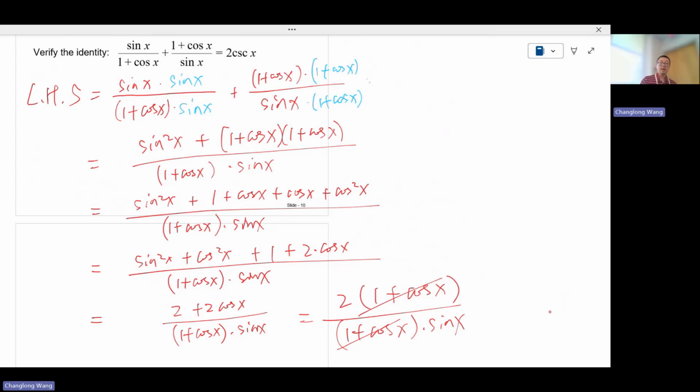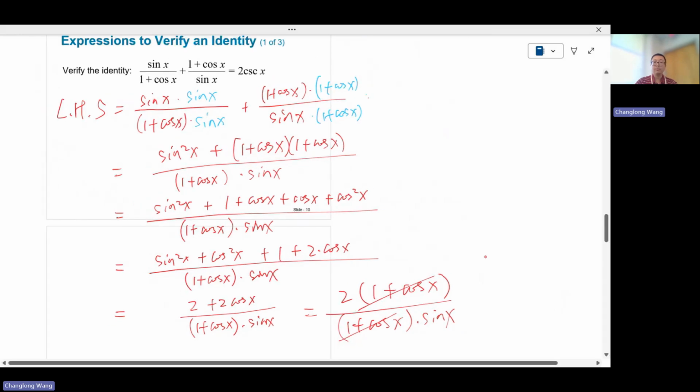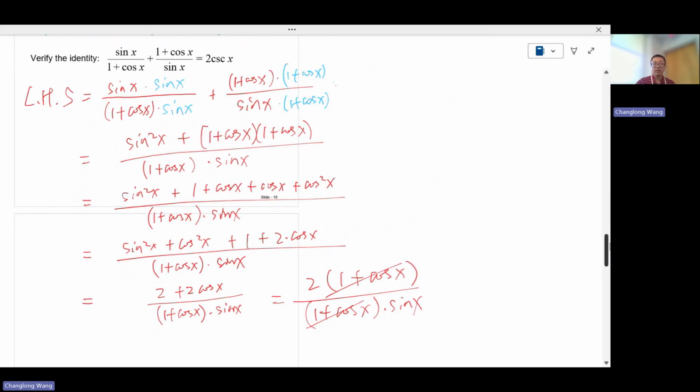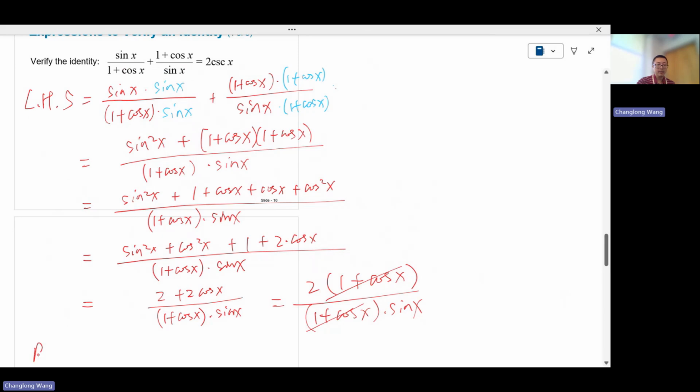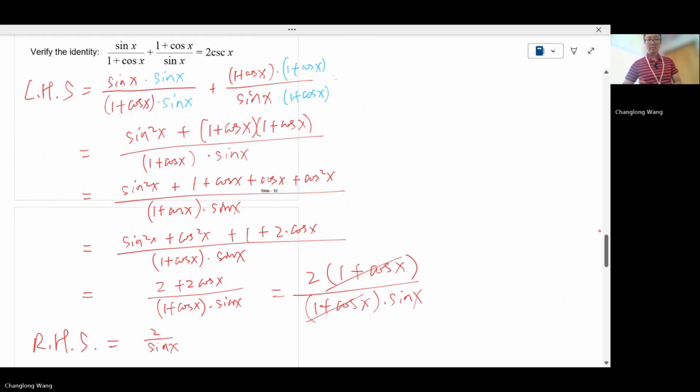So that gets you the same thing as the right-hand side. Or if you do want to write down one more step, the right-hand side is indeed, by the reciprocal identity, 2 over sine of x. And that's, like I said, unfortunately a lengthy process.